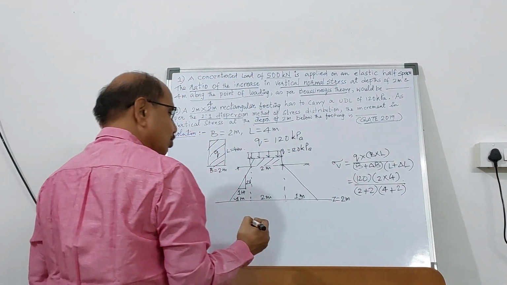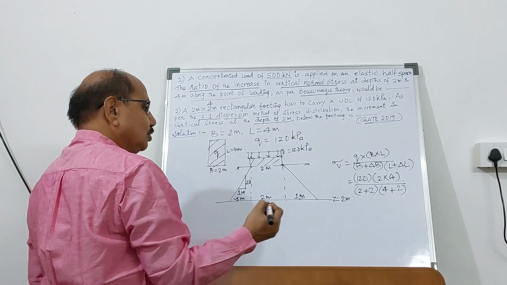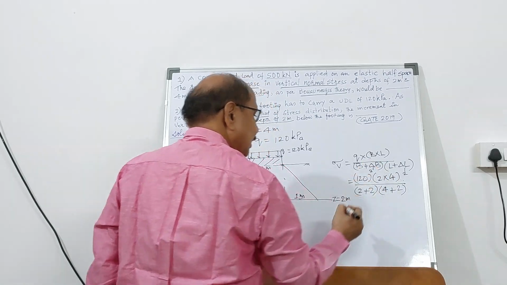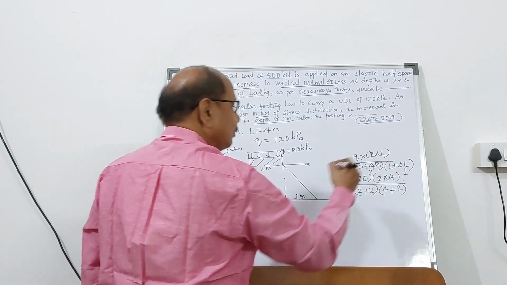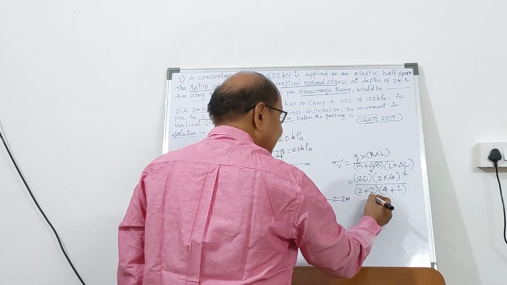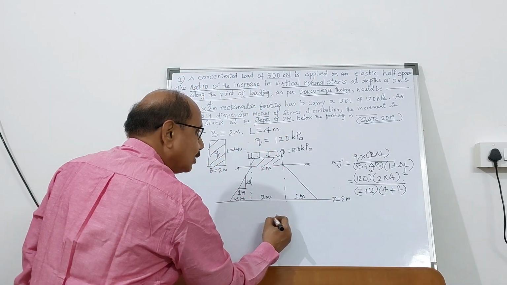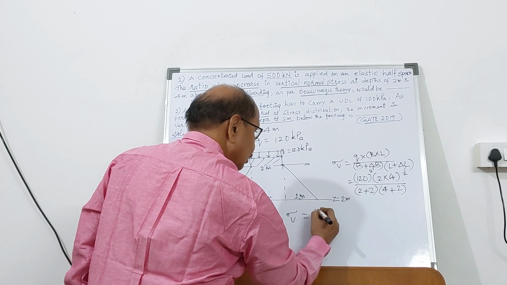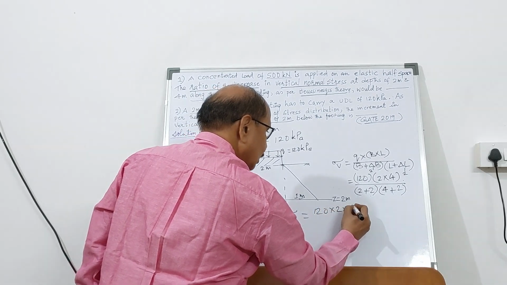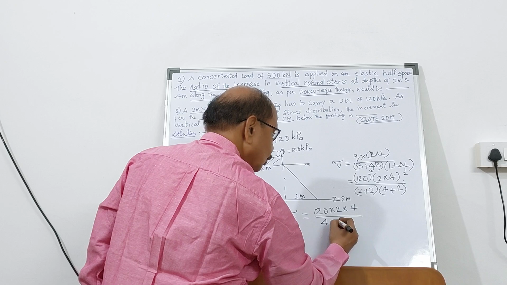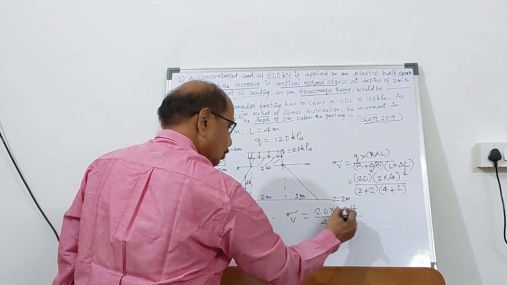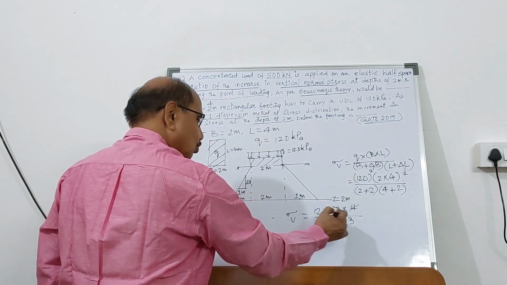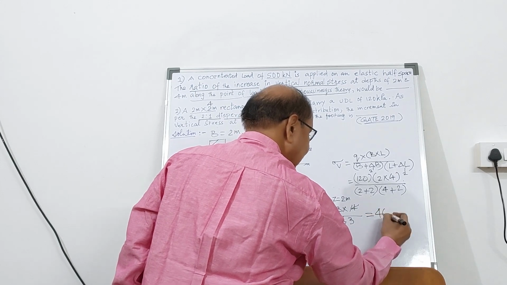So delta L is also going to be 2 meter, delta B is going to be 2 meter. So this is the total increase in width, increase in length. Therefore, sigma V can be calculated as 120 into 2 into 4 divided by 4 into 6. So this 4 goes out, 2 threes are 6. So 120 by 3 becomes 40 kilopascal.